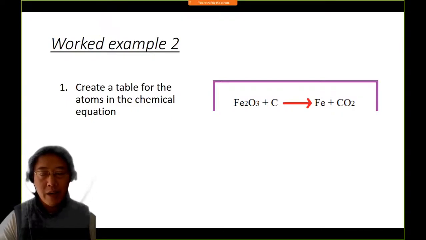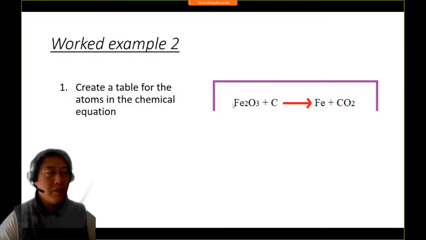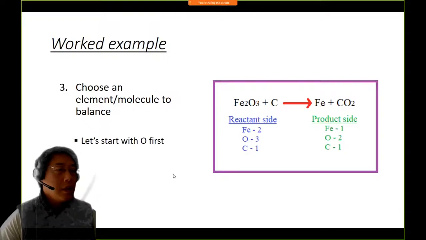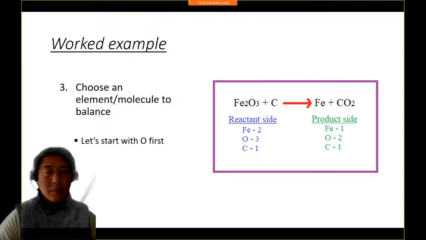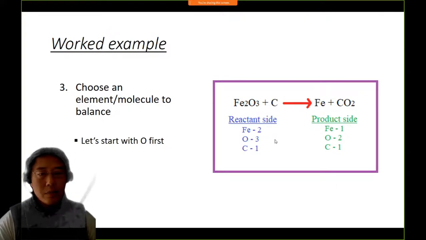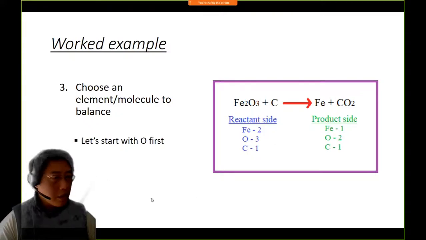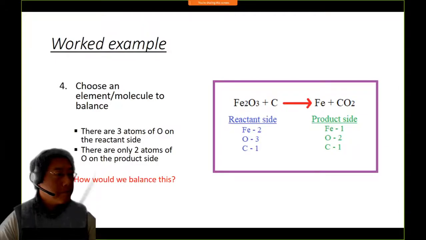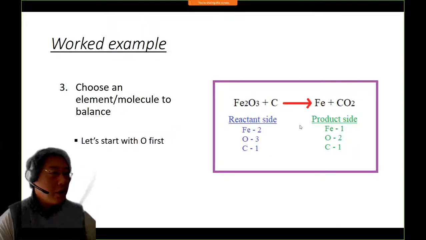And then you need to do a count of how many of each of them you have as reactants and how many of them you have as products. So you have your table, with your reactants and your products.